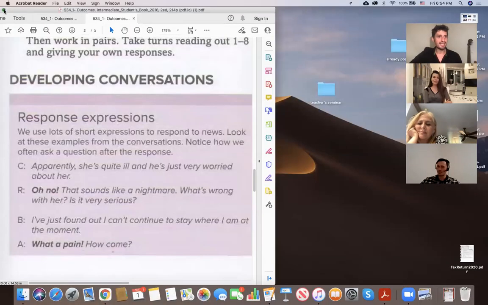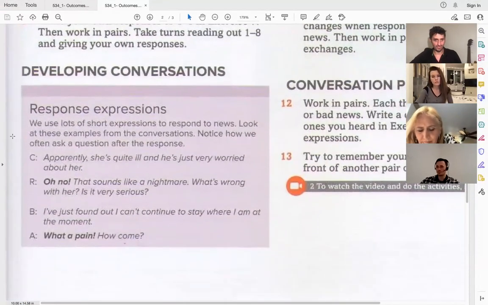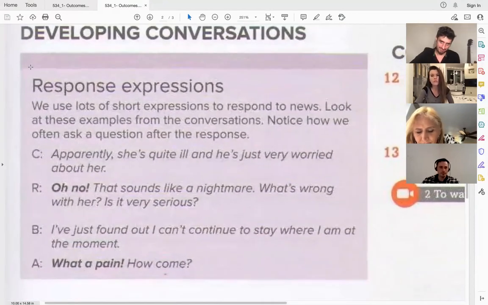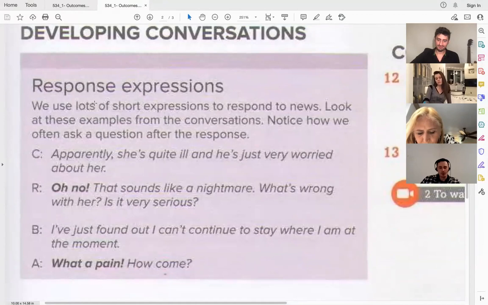Okay. So now we're going to develop the conversation. Sometimes part of language is also some quick little responses. Okay. So let's see, Ferry, can you read this purple box? We use lots of short expressions to respond to news. Look at these examples from the conversations. Notice how we often ask a question after the response.